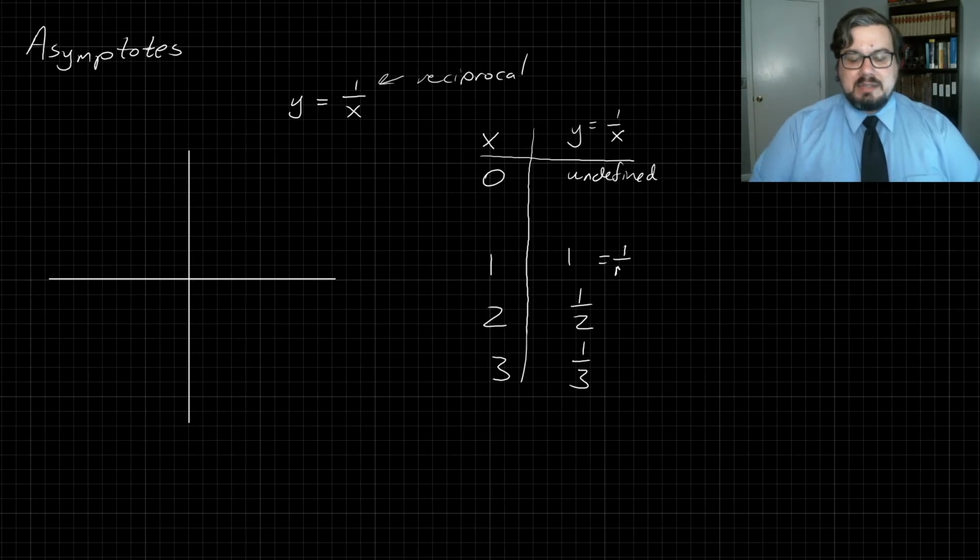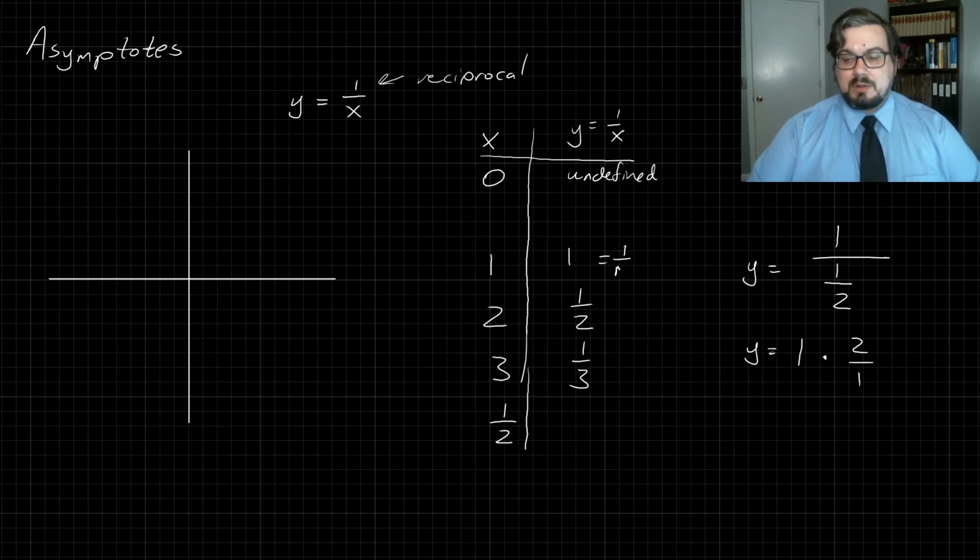And to see why that is, let's look at what happens when we plug in 1/2. If we plug 1/2 into the function y equals 1 over x, then we'll get y equals 1 over 1/2. Now remember that dividing by a fraction the way that we've done here is the same as multiplying by its reciprocal.